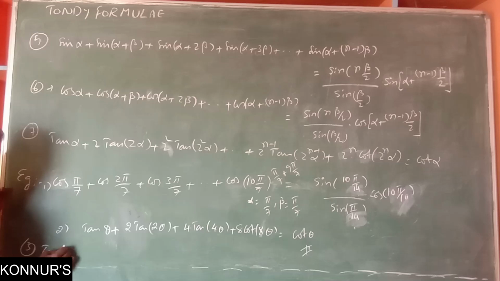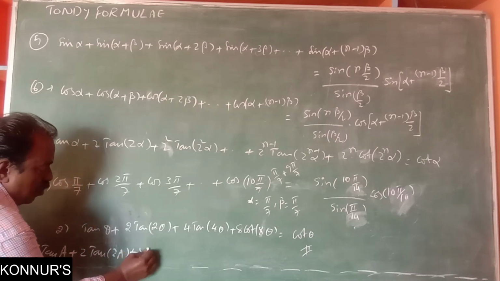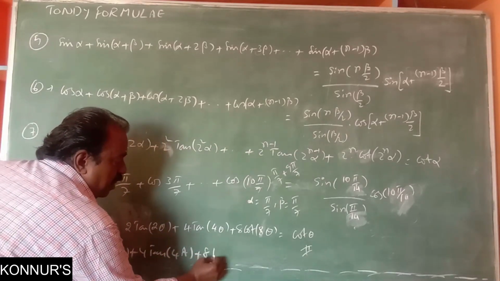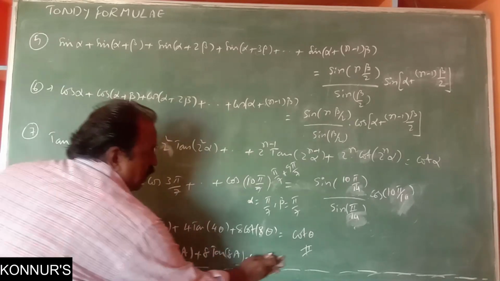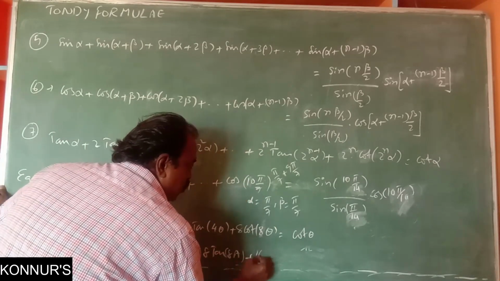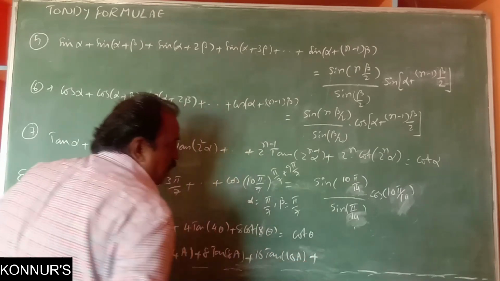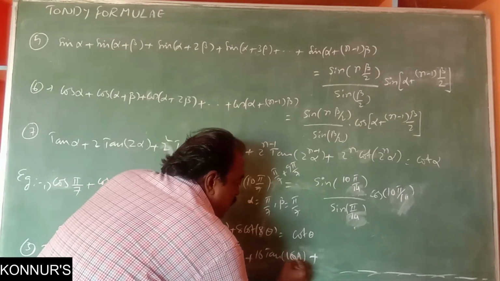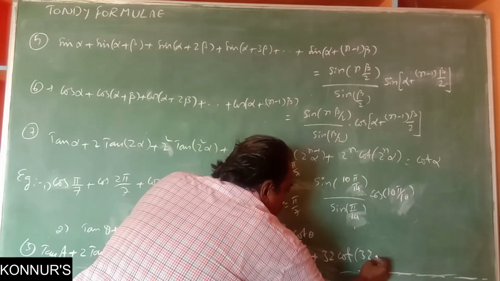For example, one more thing I want here. Suppose tan A plus 2 tan 2A plus 4 tan 4A plus 8 tan 8A plus 16 tan 16A, all are tan, but here it ends with 32 cot 32A.